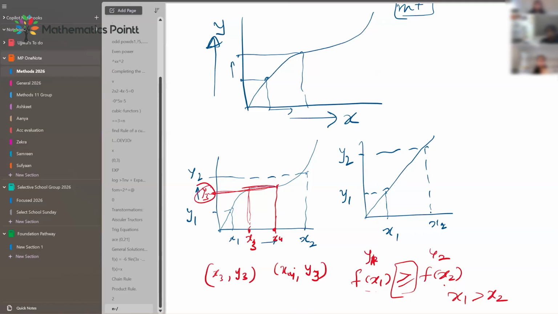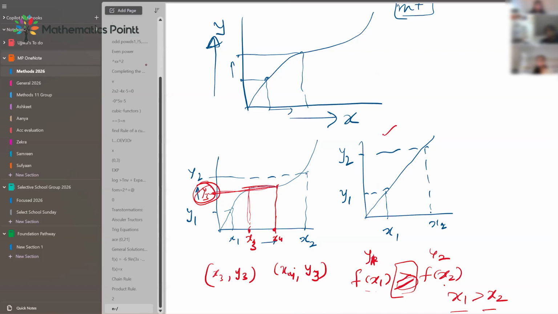So your y value does not change, remains constant, but x value increased. So this is called an increasing function. The y value can be equal. This equality is there, even when the two x values are different, one greater than the other.